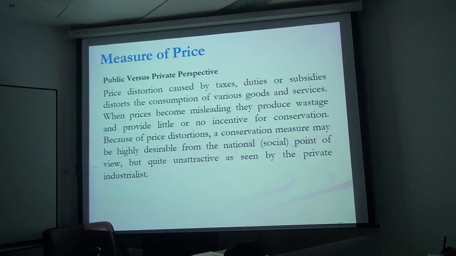Similarly, water is subsidized, gas is subsidized. So when subsidies occur, there is a high chance that people will misuse or waste the energy, okay, waste the resources.